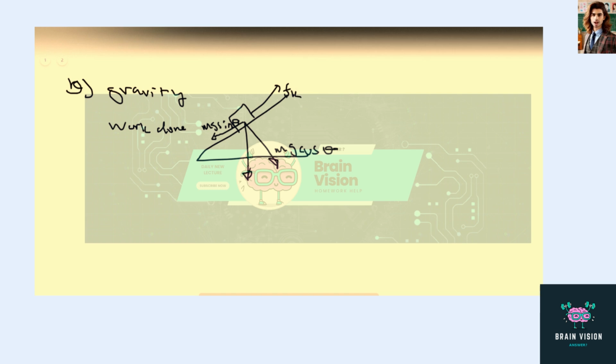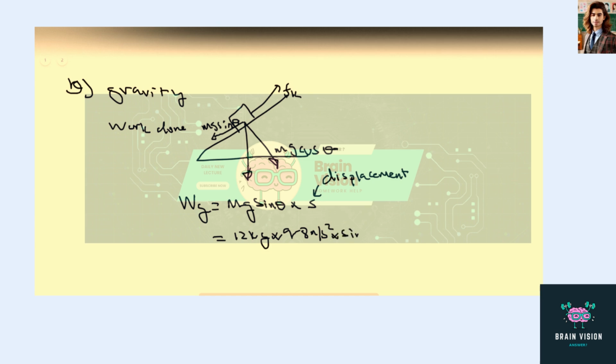So the work done by gravity, I'm going to call that Wg, is mg sine theta times the displacement, which I'm calling S. Remember, there's a difference between distance and displacement. Displacement is the distance in a specified direction. Distance is just a magnitude, while displacement is a vector. So this gives me 12 kilograms times 9.8 meters per second squared times sine of 53 degrees, and then times the distance.